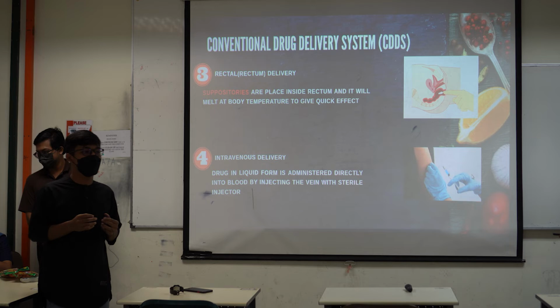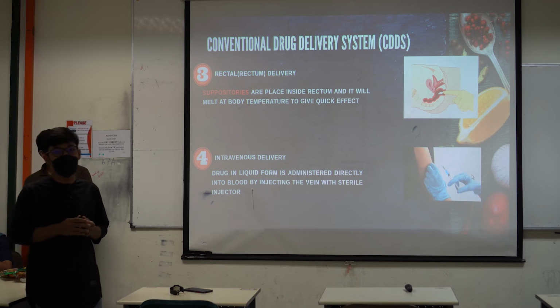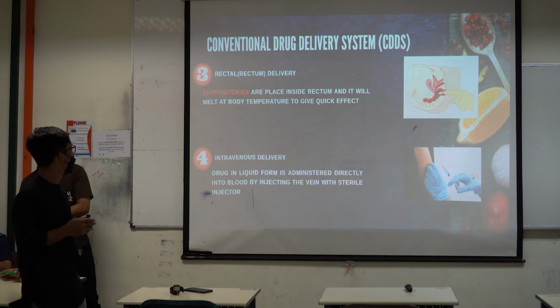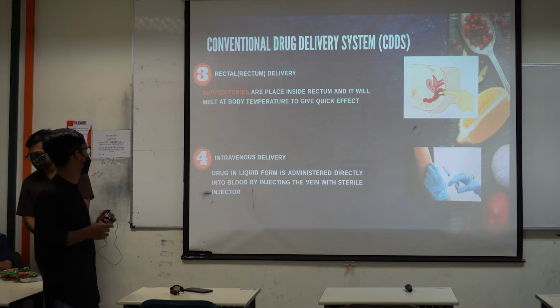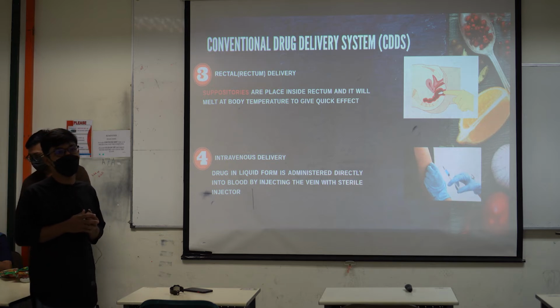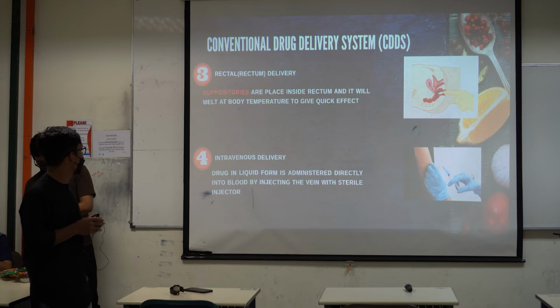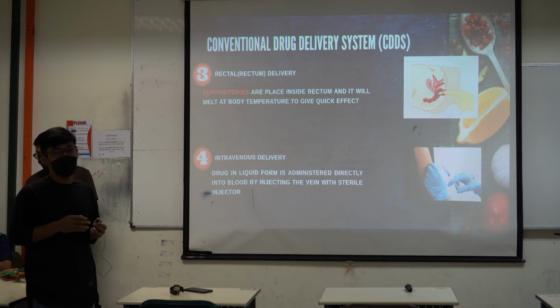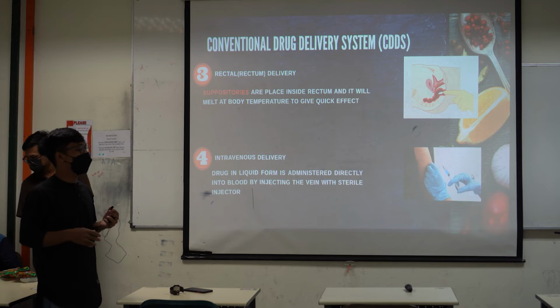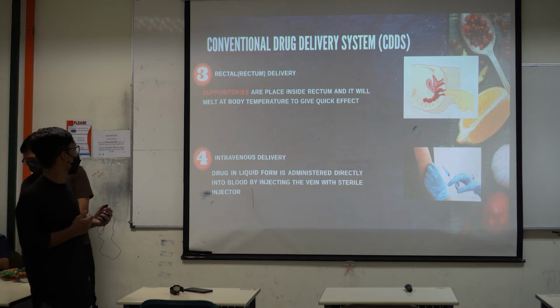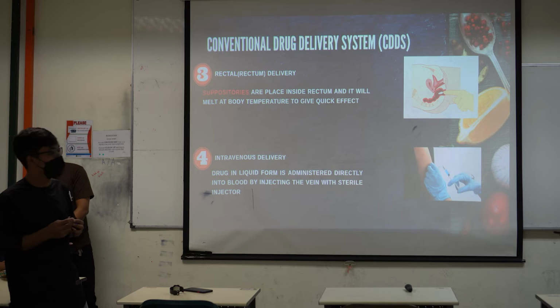This method is quite inconvenient and embarrassing, but it has a quick effect. Okay, the last example is intravenous delivery. This is like the vaccine. We inject the drug directly in the vein with a sterile injector.